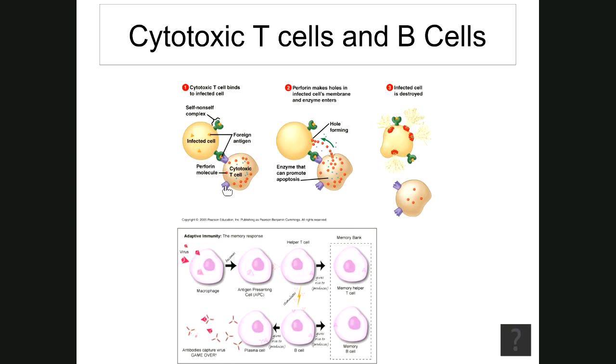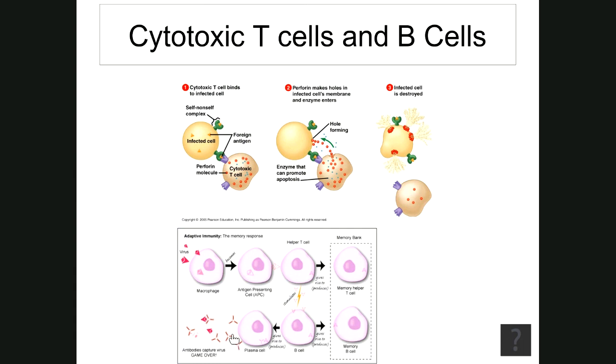Cellular has to do with the cells themselves taking out the infected cells, killing them. And humoral has to do with the B cells being stimulated to become plasma cells that make antibodies, which are in the plasma. So it's not the cell, it's the antibodies that are in the plasma, so it's called humoral immunity, in the fluid.